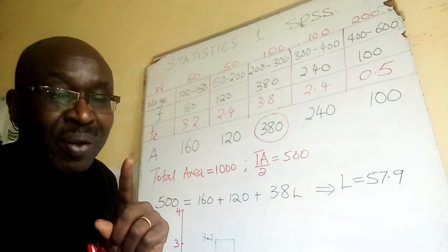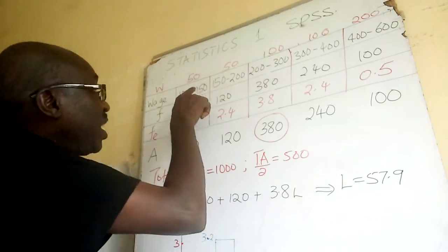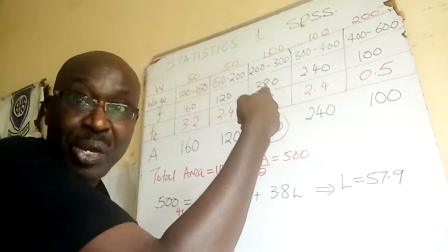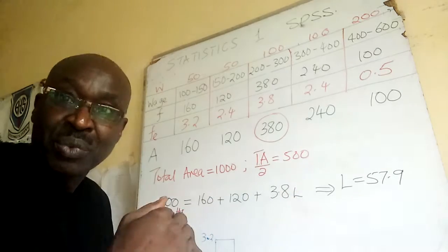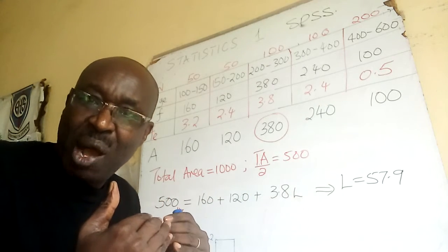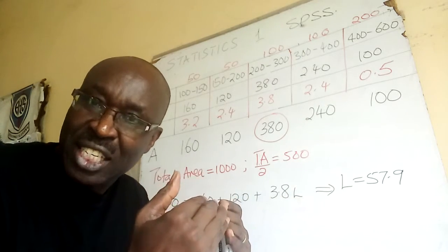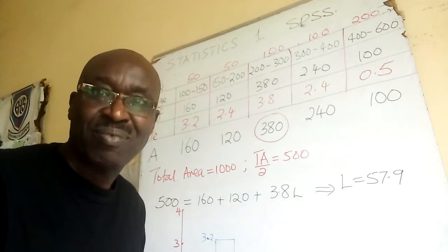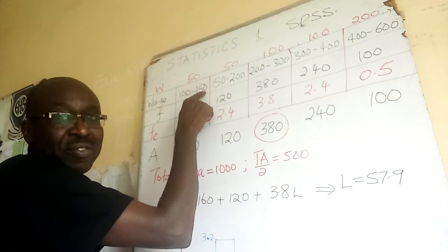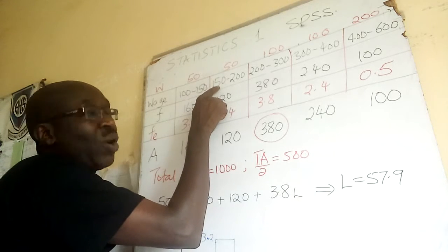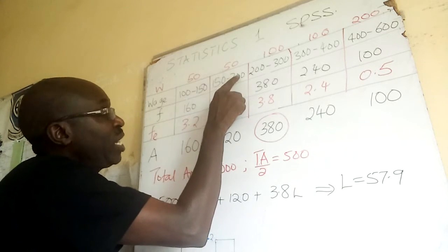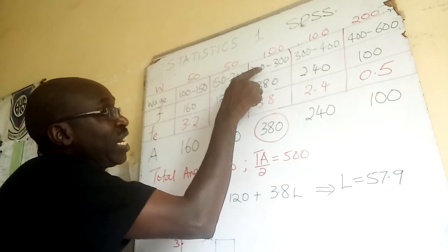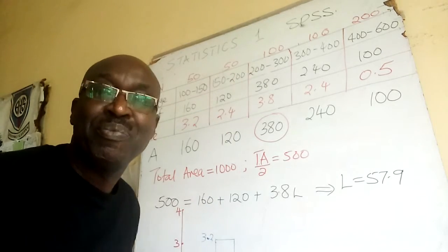And remember, if you see a figure in one class repeated in the next, the upper limit of the first class is the lower limit of the next class. See, 150 upper, it is 150 lower. Here, upper is 200, the next class lower is 200.